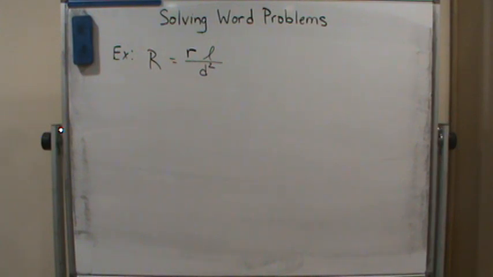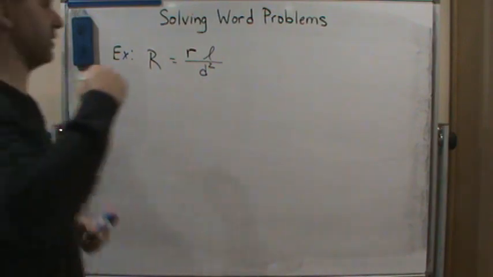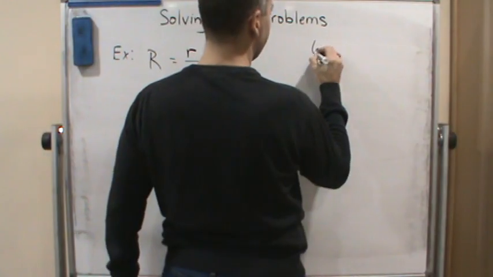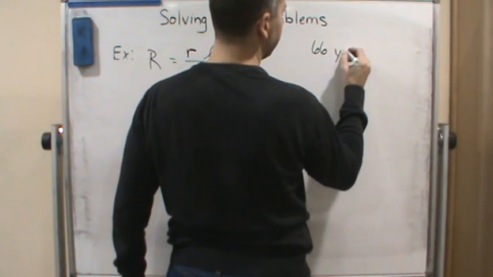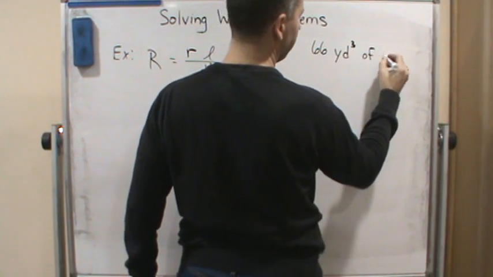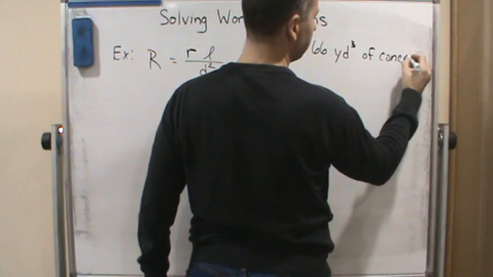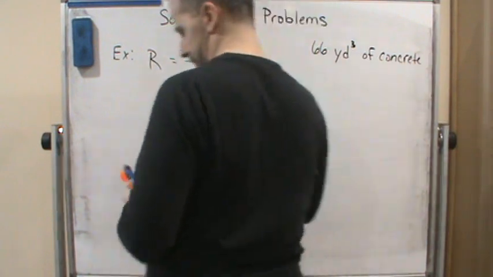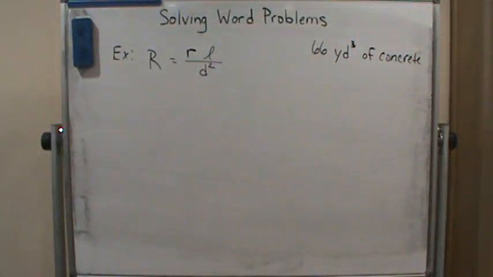Okay, let's do another one. Here's another example. It says a total of 66 cubic yards of concrete is required for a pour. Okay, so we need a total of 66 cubic yards of concrete. So 66 cubic yards of concrete is needed for a pour.